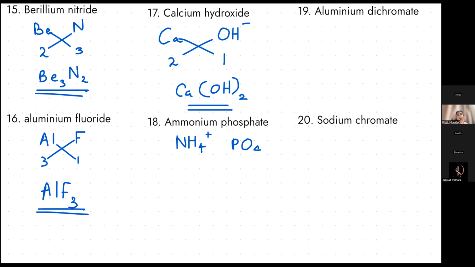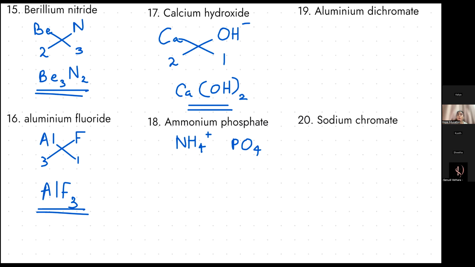You first write PO4, because the 4 means there are four O atoms. So ammonium is NH4 plus, phosphate is PO4 3 minus. At the end only we write the charge. Even the writing order should be like that.